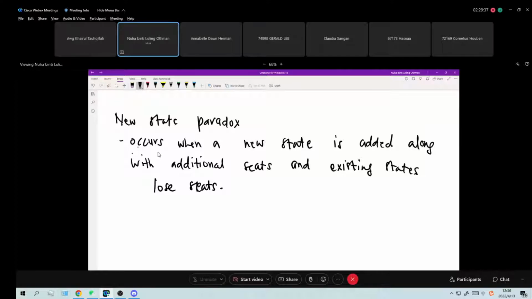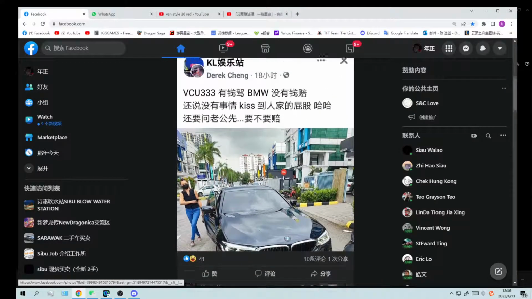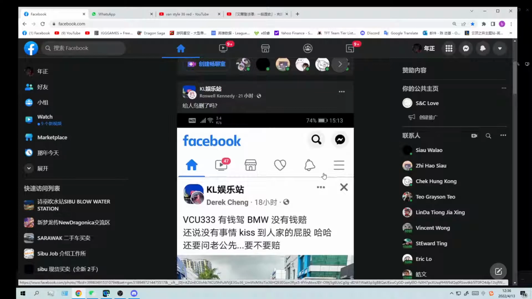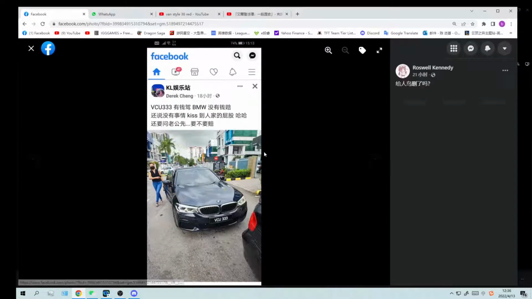Okay, so based on this, then you know the problem here. A new state is added along with additional seats. So in the original, there are states, or one state, that will lose 1 seat. This one is the original.